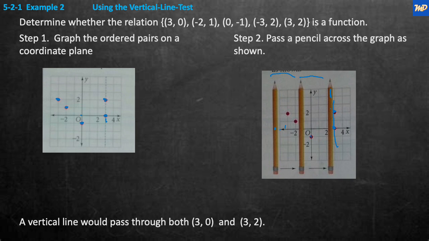It could cross 3 or 10 dots. It doesn't matter. It's not a function. If it had stopped before that, you would have said that it's a function and not included those values right there, the X value of 3 and Y of 0 or 2. Okay, so the vertical line test would pass through those 2 points and it would fail the vertical line test.